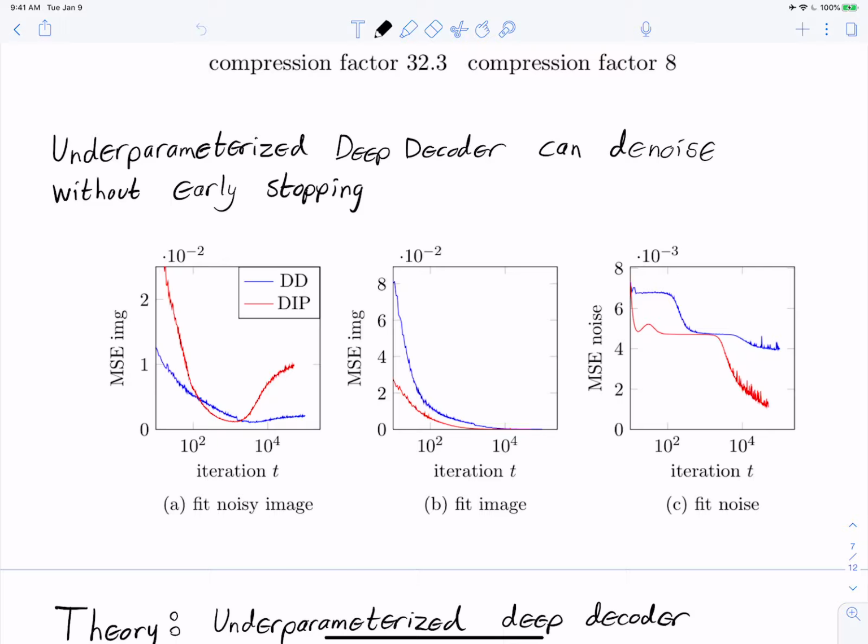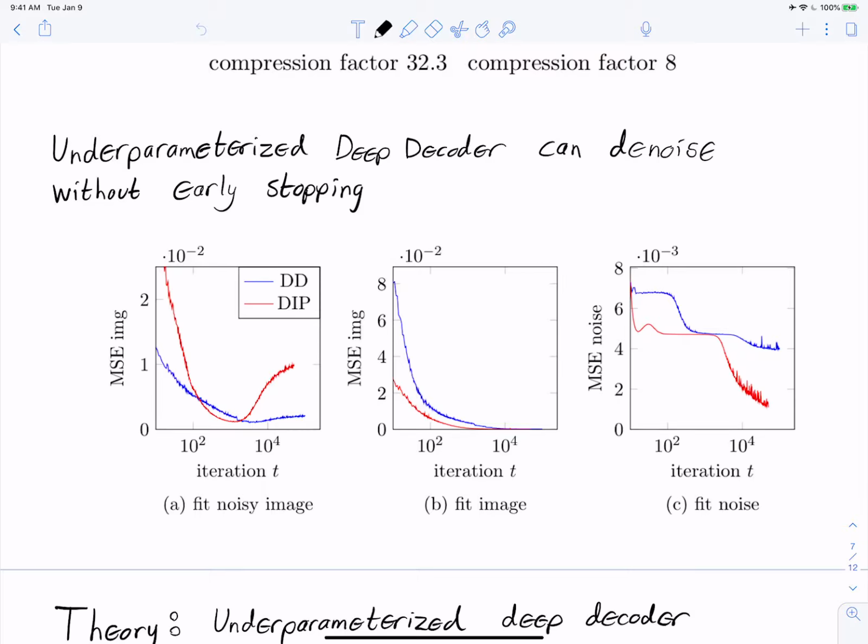In contrast, with the deep decoder, the error is going to go down and then it's going to stay down and not overfit the noise. Now the reason it doesn't overfit the noise is because it doesn't have enough parameters to represent the noise. Now in the second column here, what we see is that both the deep decoder and the deep image prior have the capability of representing the image exactly.